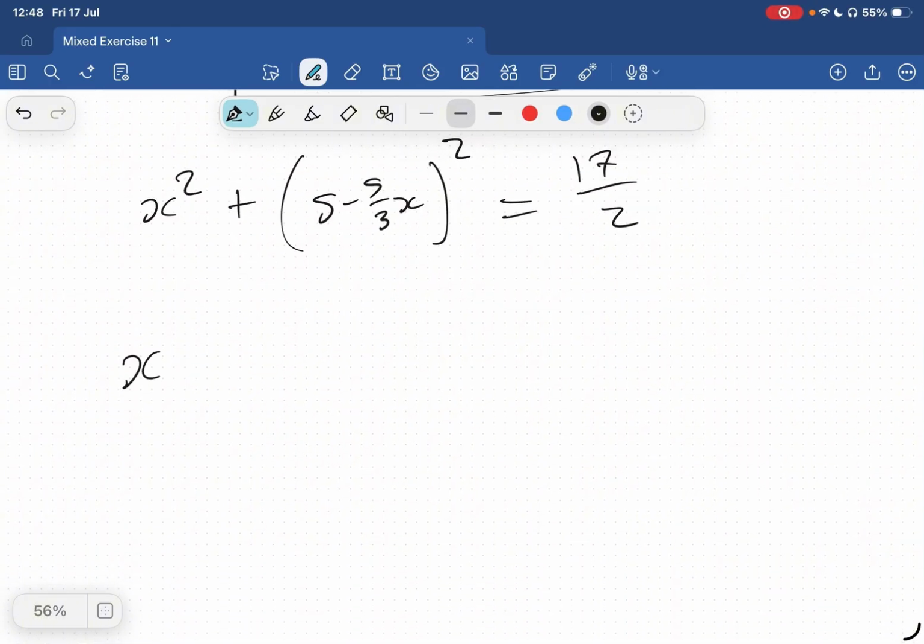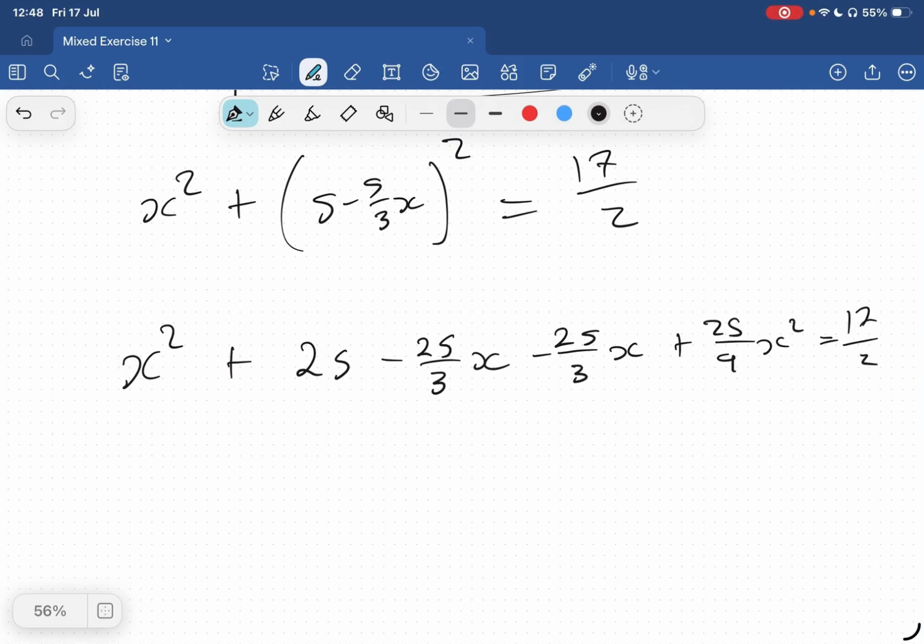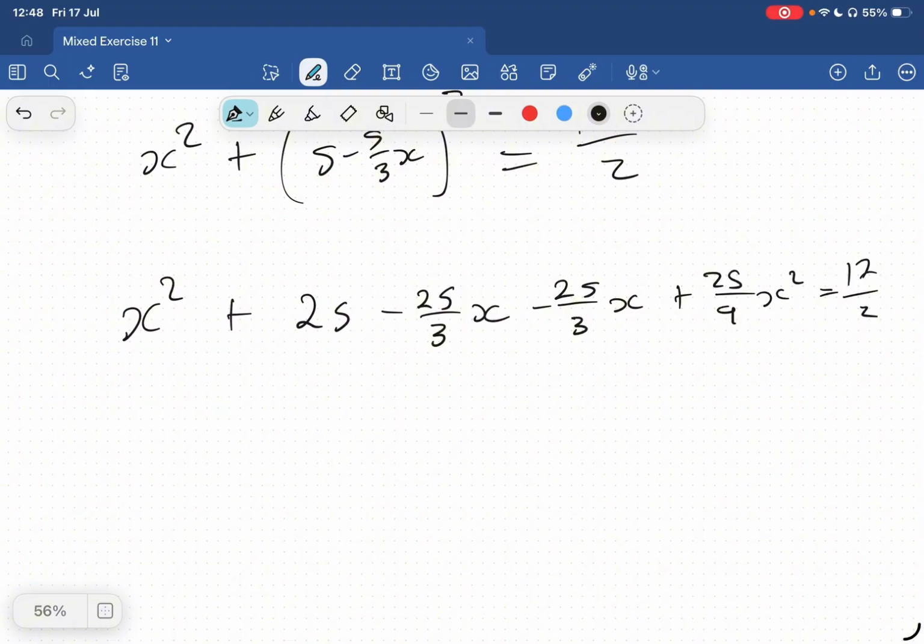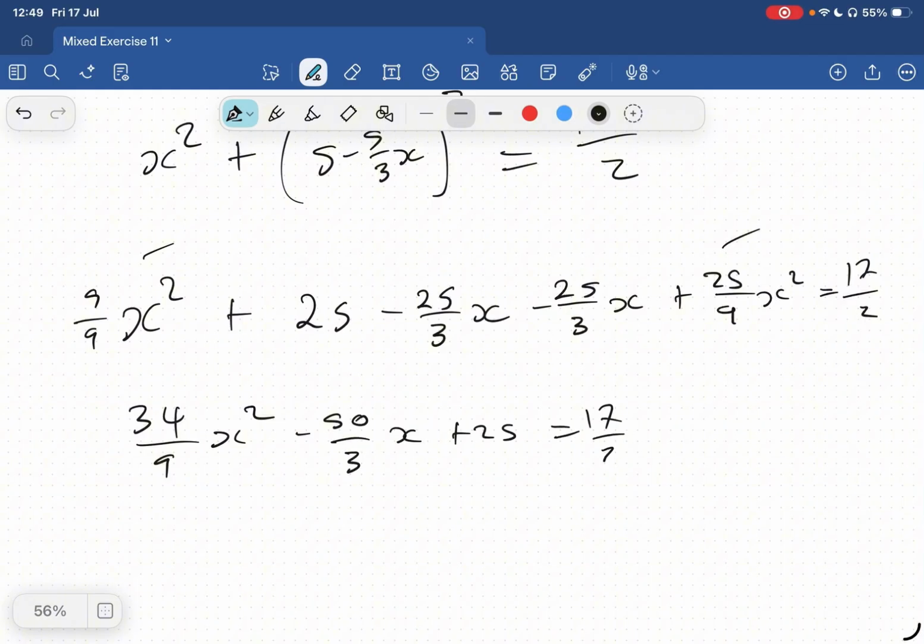So x squared plus 25 minus 50/3 x plus 25/9 x squared equals 17 over 2. Then 34 over 9 x squared minus 50/3 x plus 32 equals 0.